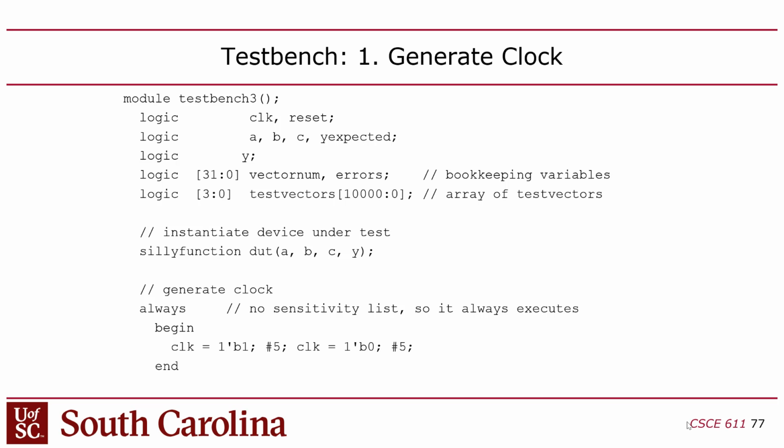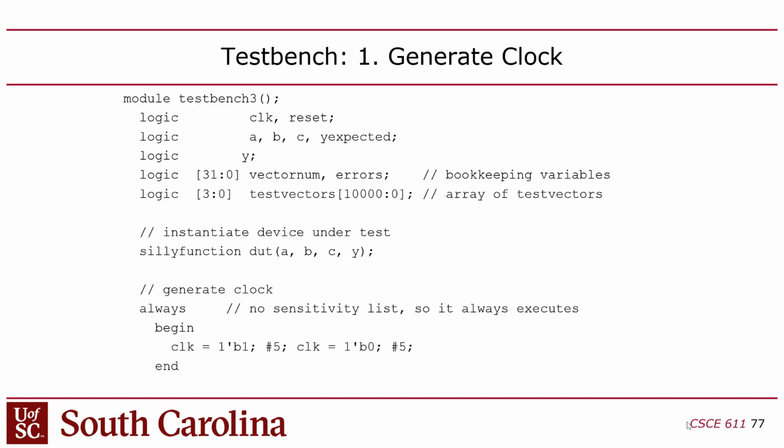The reason is that if you use always without the underscore comb, it doesn't have any sensitivity list, which means it runs continuously. If you don't have any delays in there, it'll hang ModelSim. If there's no sensitivity list, it literally triggers as fast as it can, constantly, because there's nothing to trigger it.